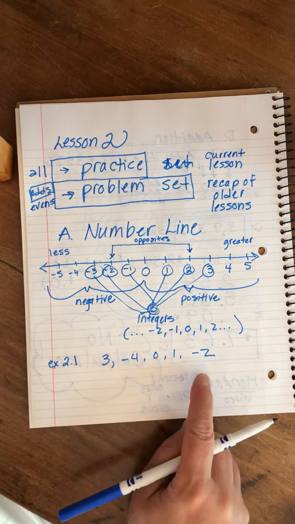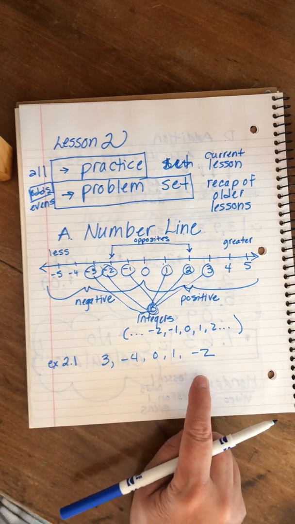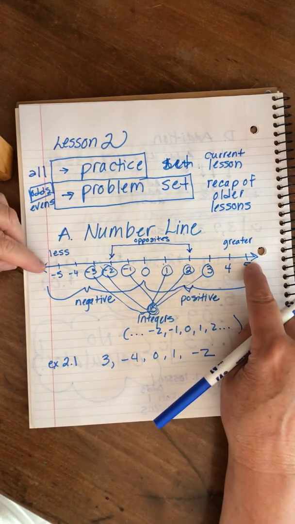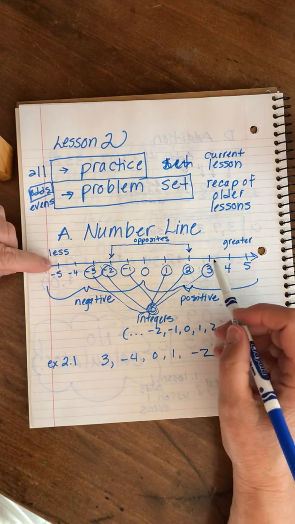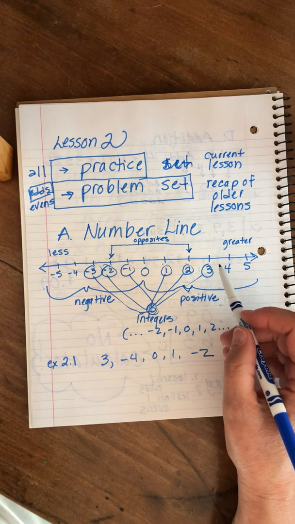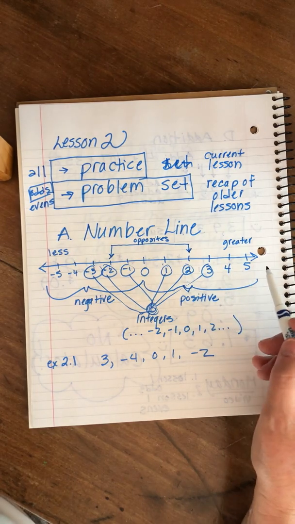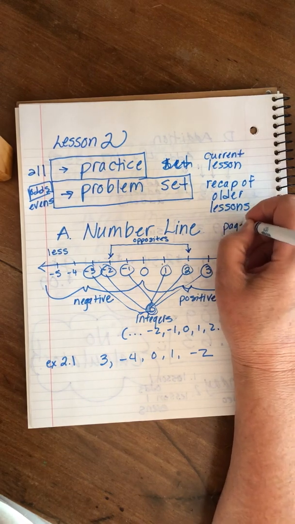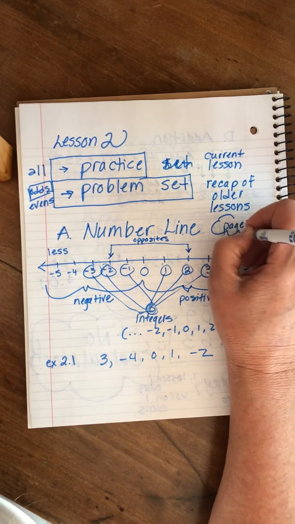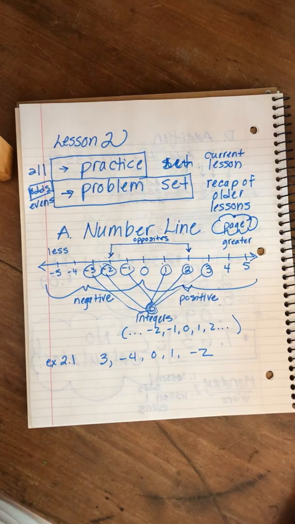He wants us to put them in order from least to greatest, and we can use the number line to help us do that. You can use a number line in your head, or you can use a literal one written down. That's fine too. If you look in the book on page 7, there is a nice full number line, so you don't have to write it out every time.